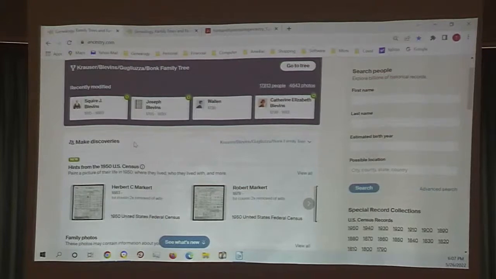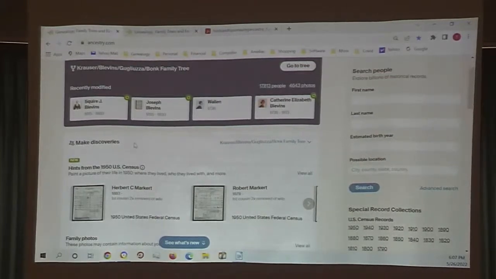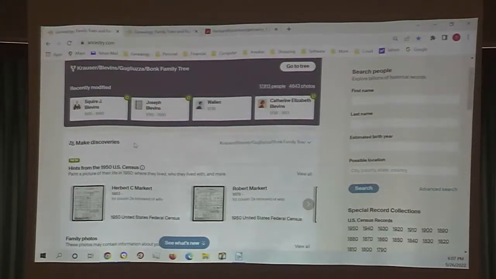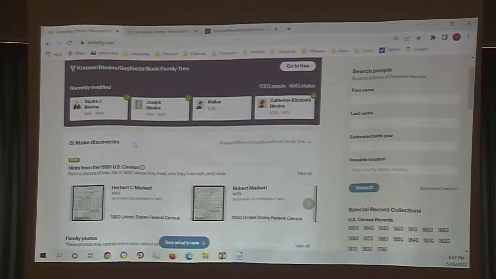It brings it down, but the nice thing about syncing is it also brings down all of the pictures and the documents and everything else and puts them into Family Tree Maker. Because Family Tree Maker used to be owned by Ancestry several years ago, and then they stopped supporting it, and MacKiev bought it out, and they now support Family Tree Maker 2019.